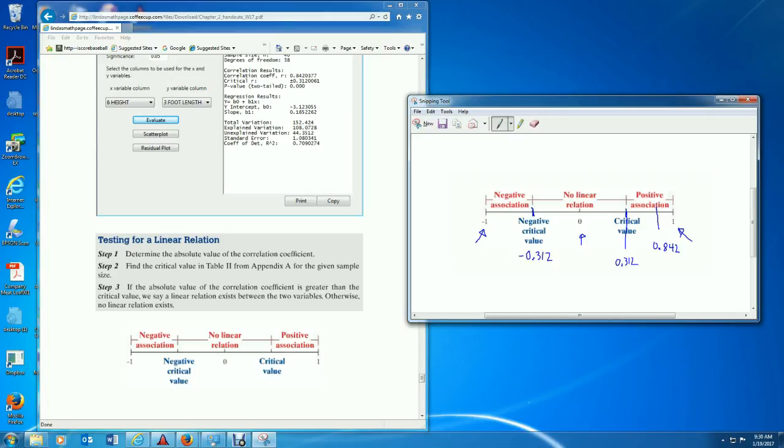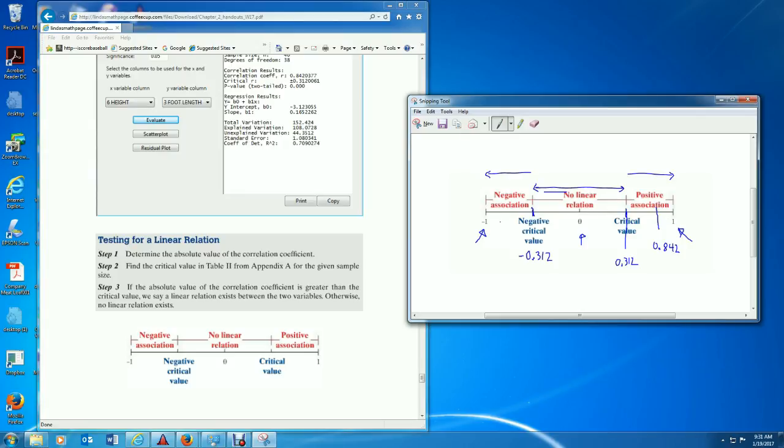So what this says is, if I calculate R based on my data, and if it is inside these critical values, if it is anywhere in between the negative and the positive critical value, that means it's close to 0, which means the data is scattered. There is no linear relation. On the other hand, if it is outside of the critical value, and in this case, ours is, it's close to 1.